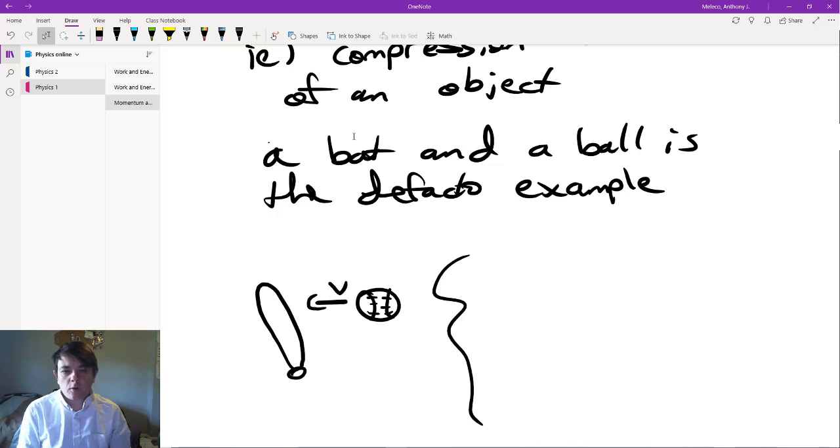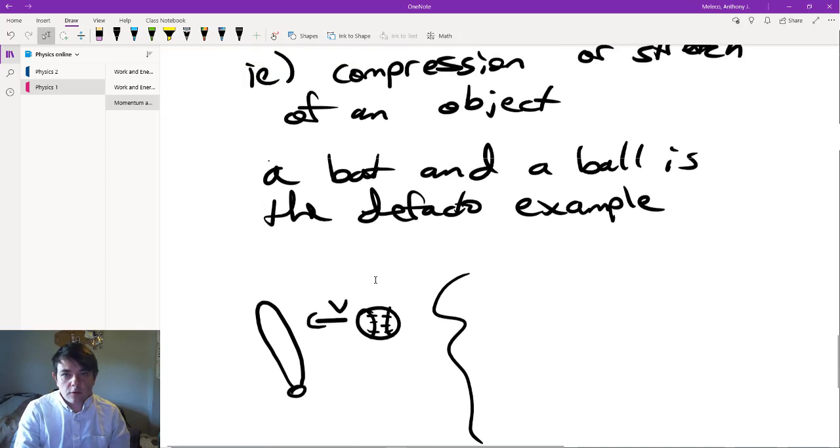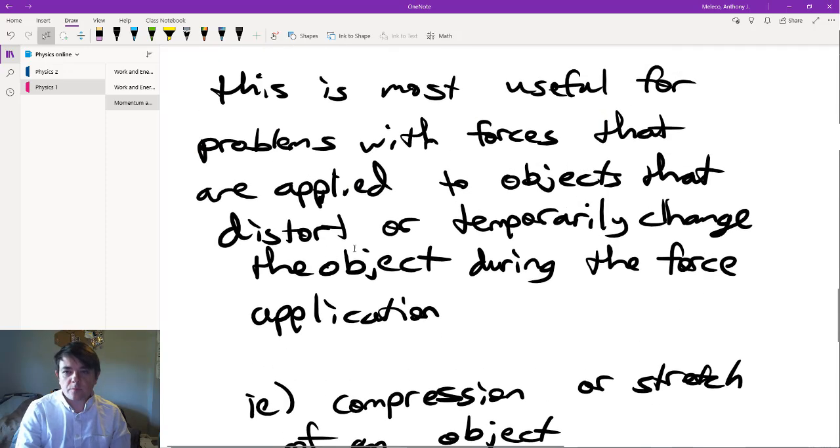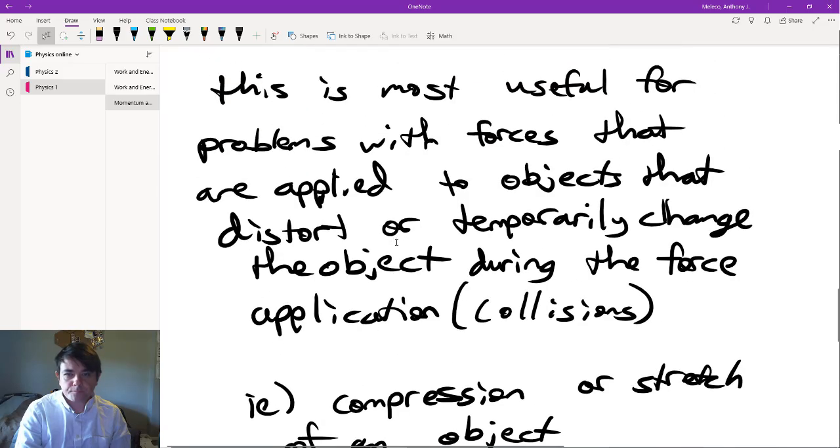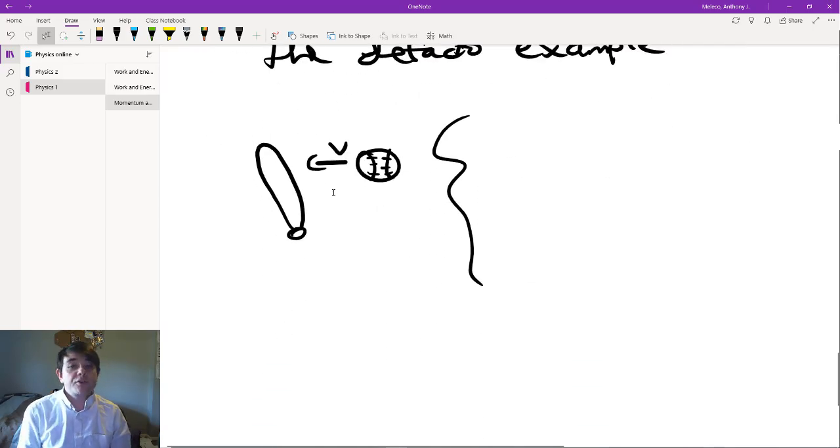And when this bat collides with the ball, that's really the key here, collisions, hence the name of the lecture, momentum and collisions. So let me just write it up here. So collisions, or certain types of collisions.